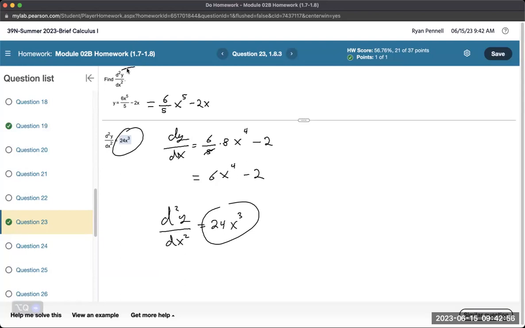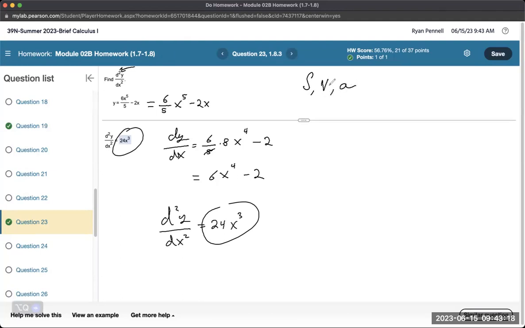What's also interesting to me is we were talking about position. The second derivative is the acceleration. If you have the position of a particle, take the derivative of that, and that tells you the velocity, or you could say the speed. Then the derivative of that is the acceleration.